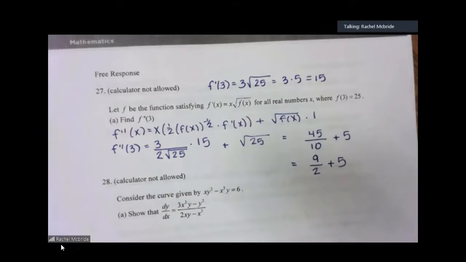So you don't have to get a like denominator and add them together. You can, but you don't have to. So you're good to stop there. If you didn't stop there and you had 19/2, also fine. You changed 9/2 to 4.5 and you're at 9.5, also fine.